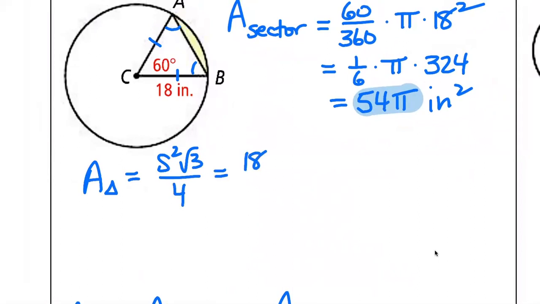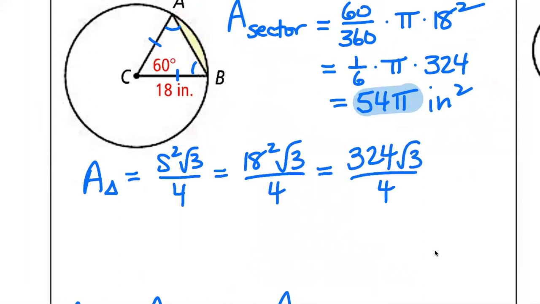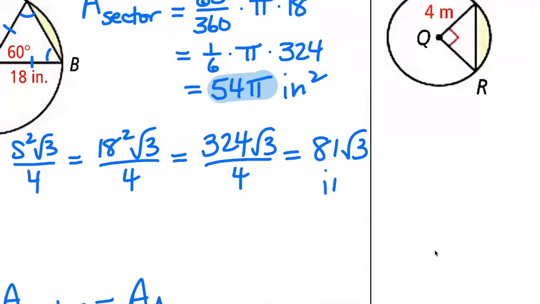So 18 squared root 3 over 4, and 18 squared again is 324, so 324 root 3 over 4. That's 81 root 3, again in inches squared.